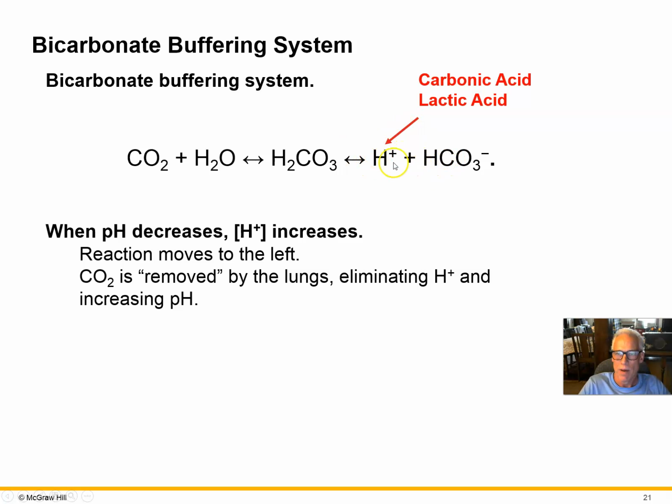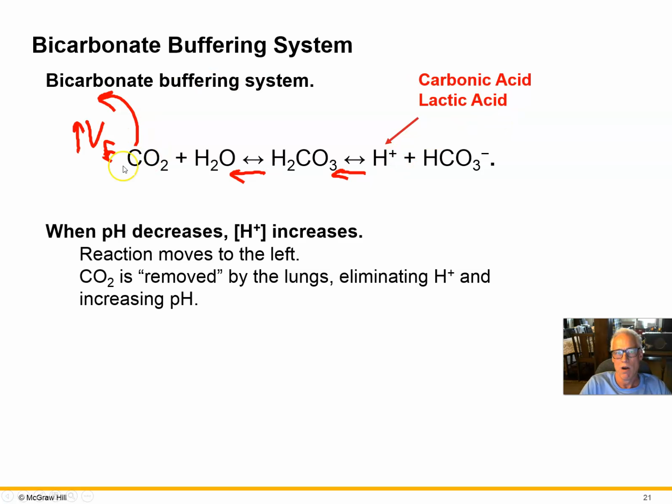That can combine with bicarbonate ion and produce carbonic acid. We pile up stuff on the right-hand side, so we're going to drive the reactions to the left, and so we're going to produce carbonic acid, which then, by the action of carbonic anhydrase enzyme, can be broken down into CO2 and water. Increasing carbon dioxide partial pressure increases ventilation and causes us to breathe out that extra CO2.